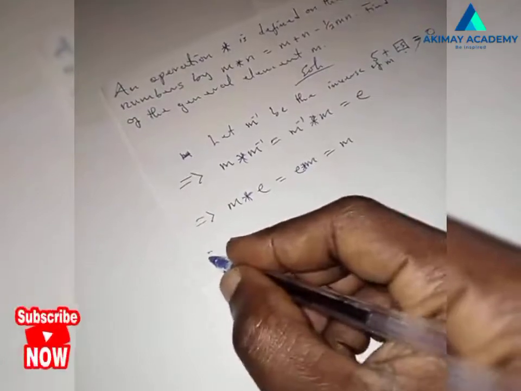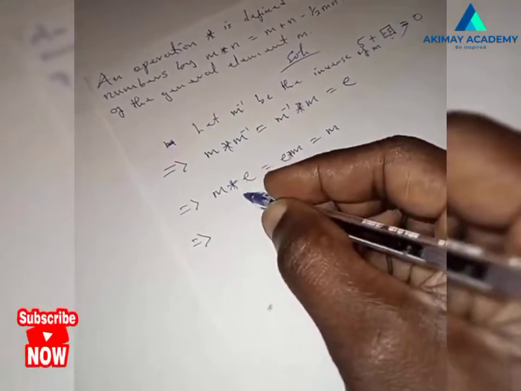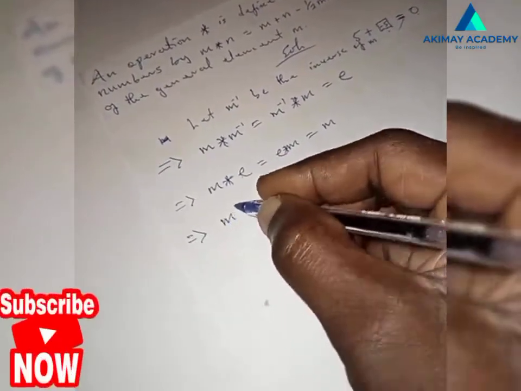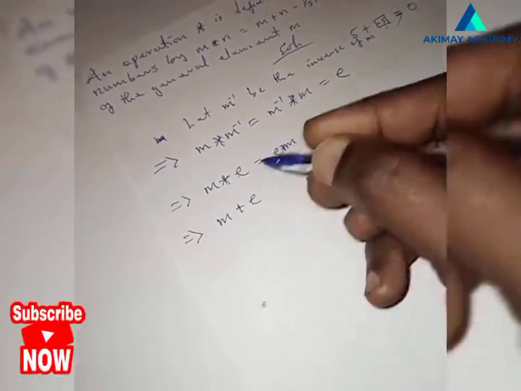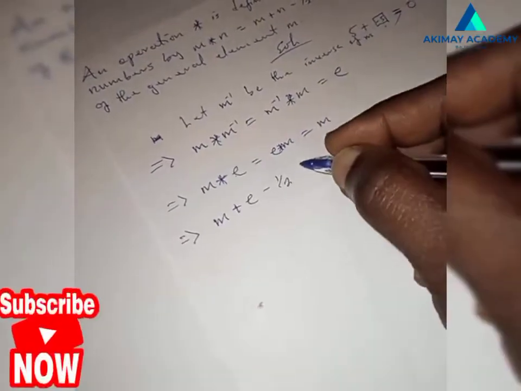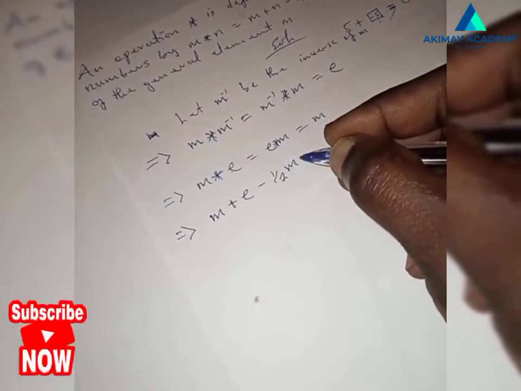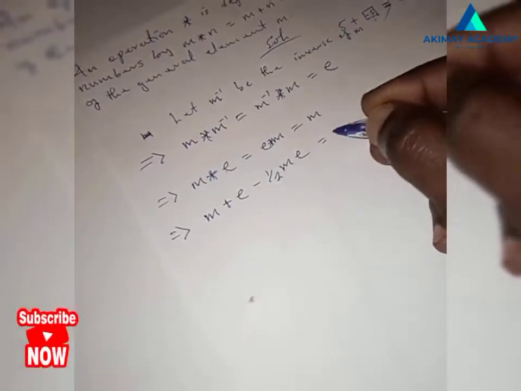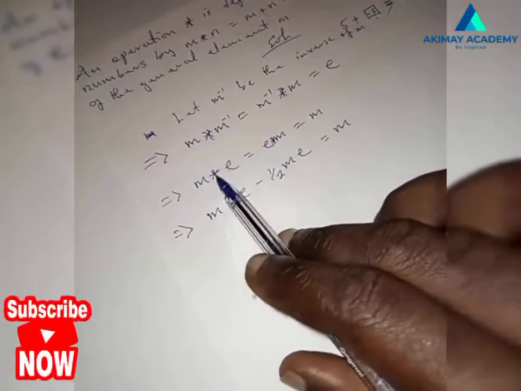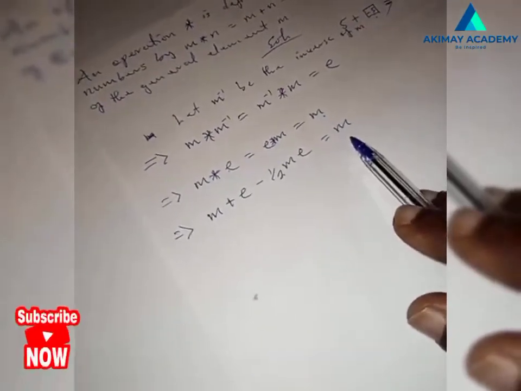So here, if you take the first one, then we put it inside the system. They said we should write the first number, which is M over here, plus the second element, minus half multiplying the first element by the second element, and this system over here is equal to M, because we are expanding this, and everything over here is equal to M. So we have our M over here.